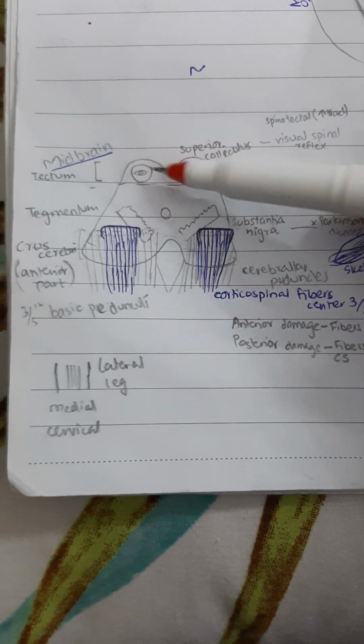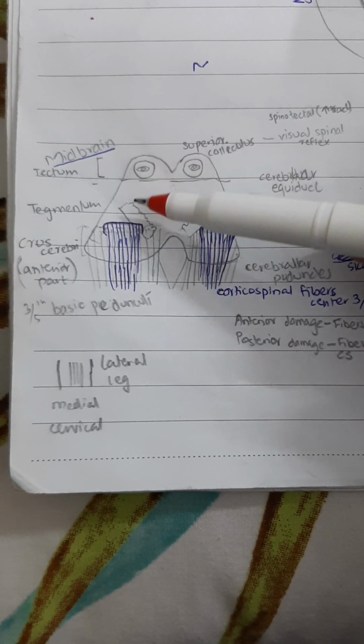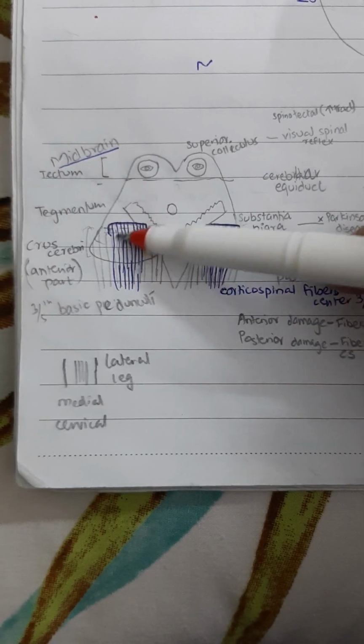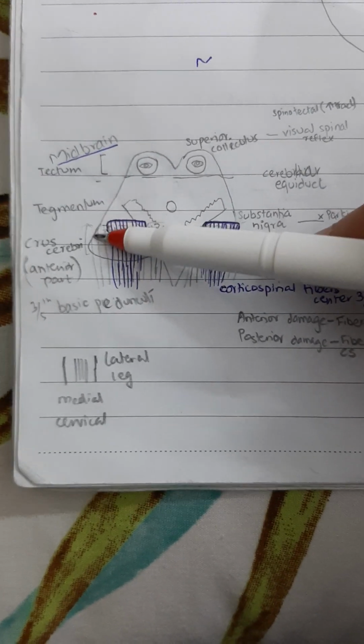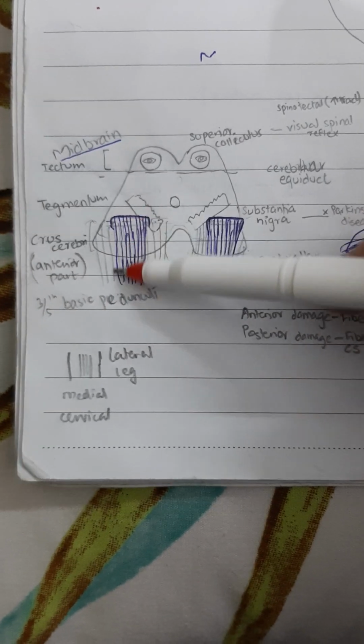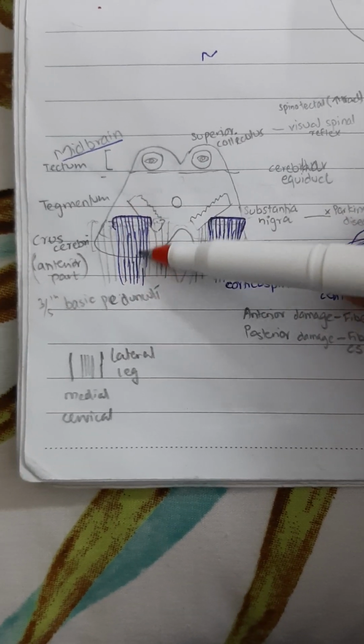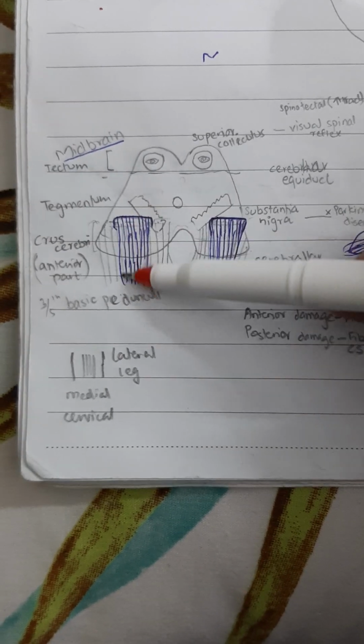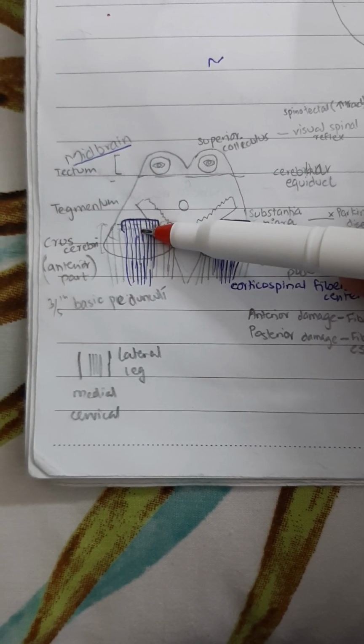Let's not talk about the tectum and tegmentum; we are concerned with the crus cerebri. If we divide the crus cerebri into five equal parts, the central three-fifths is the part from where the corticospinal tract fibers descend downwards.